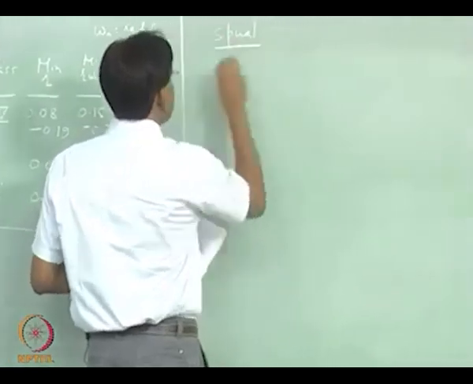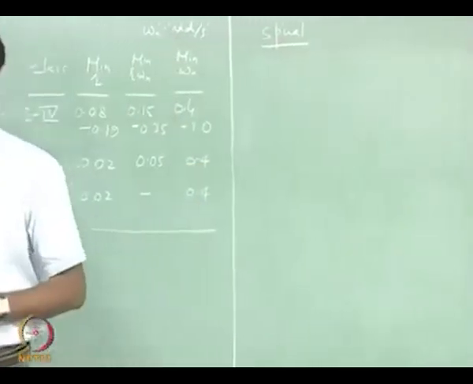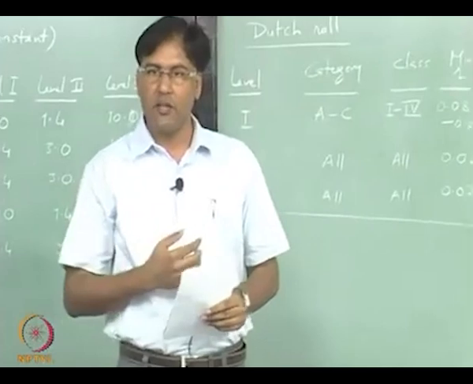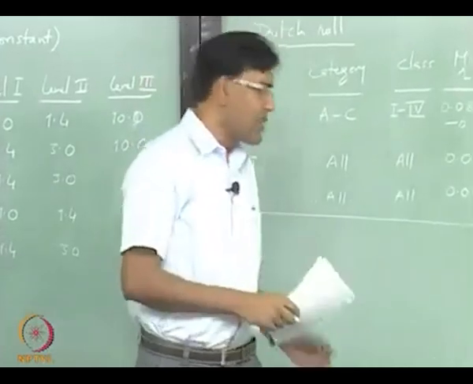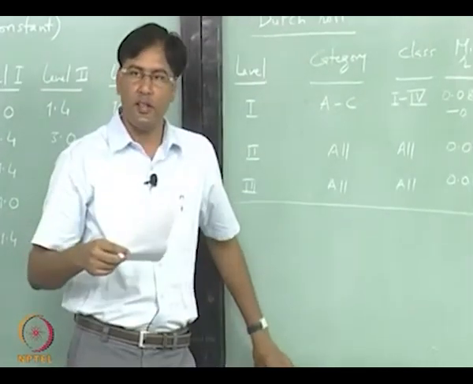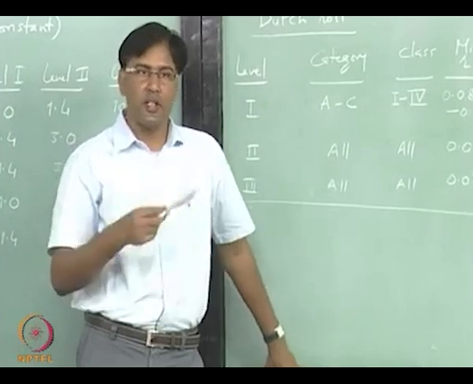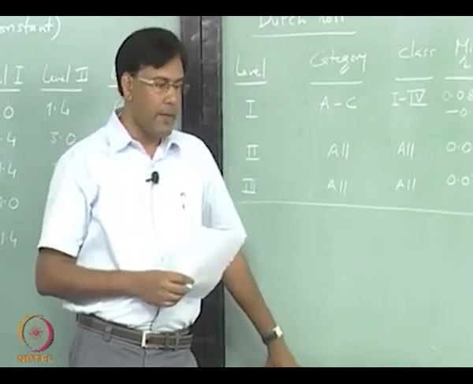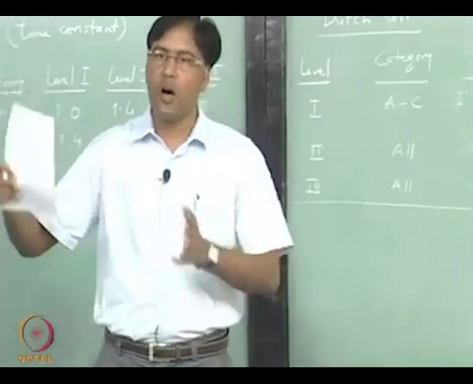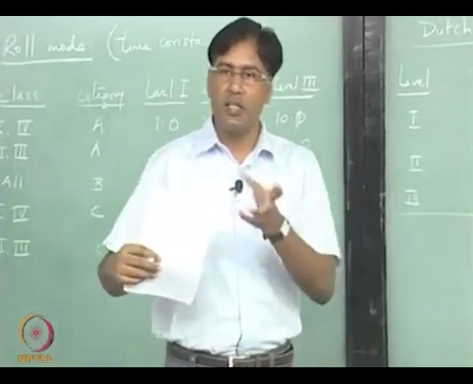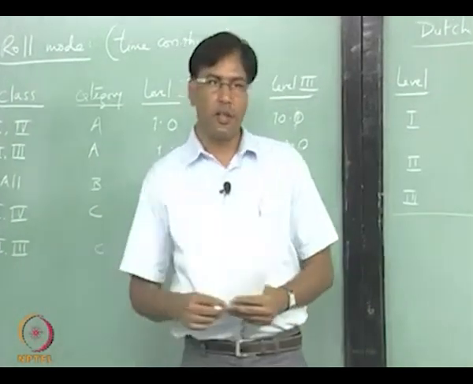Now, spiral mode is usually written in terms of the time to double the amplitude, because it is considered to be unstable divergent motion, and we have to look at how much time it takes for the disturbances to double, right.